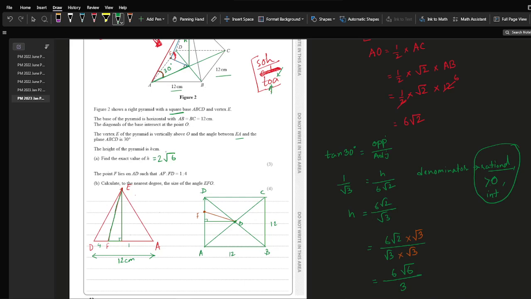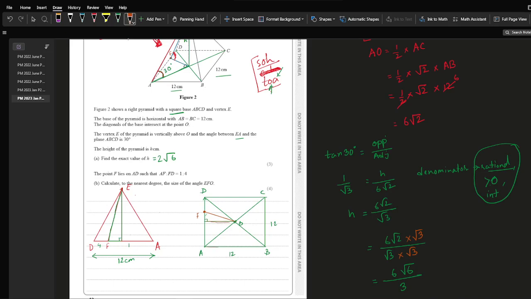Since the opposite angle is a right angle, there's no point of using SOHCAHTOA. Sorry, my bad, we can use SOHCAHTOA with this angle and that angle. Let's look at these two triangles. In here we can find the length of this side.